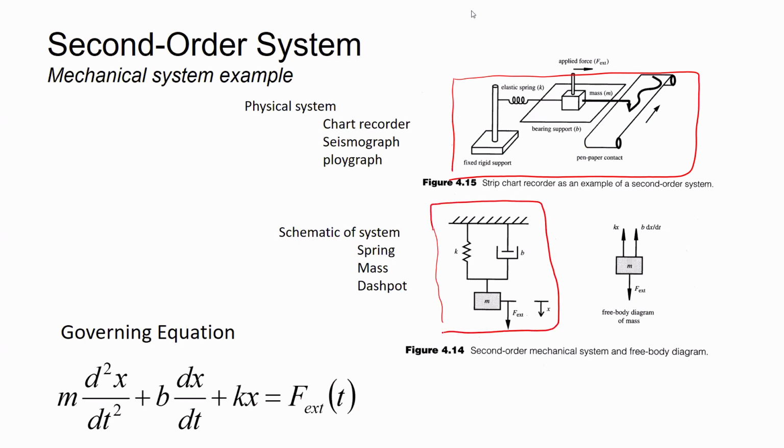If the spring is present, you do this one. If the damper is present, you put this one. If the mass is present, you do this one. And this one is if there is an external force. So we need to know how we are able to represent it like that.